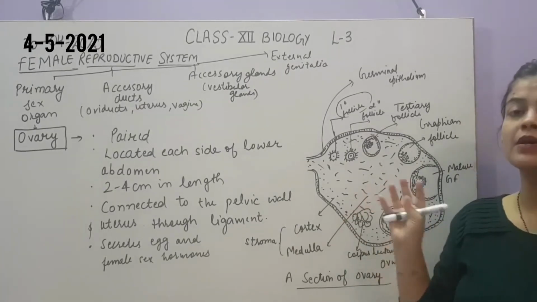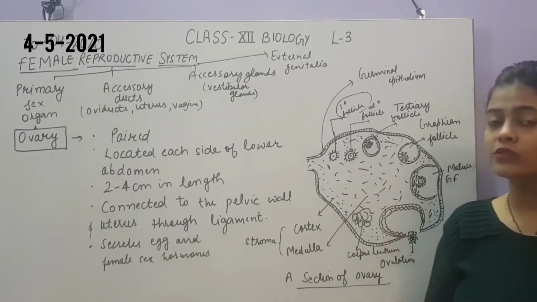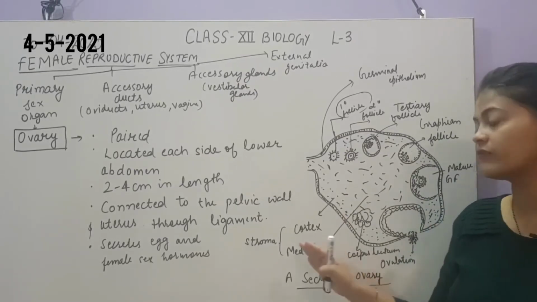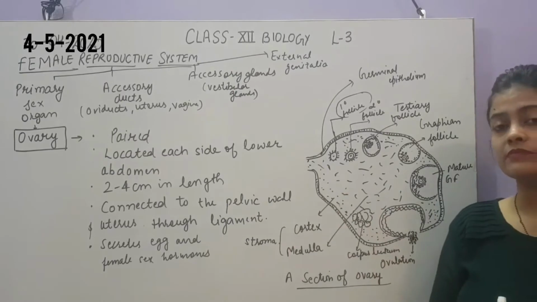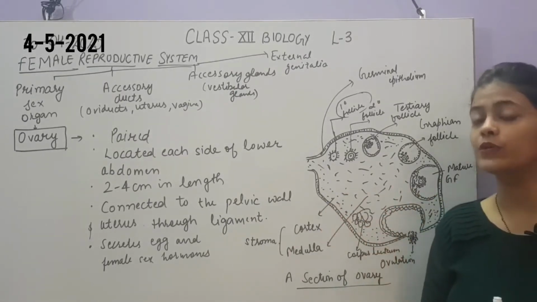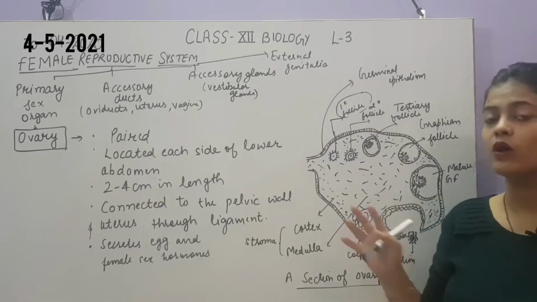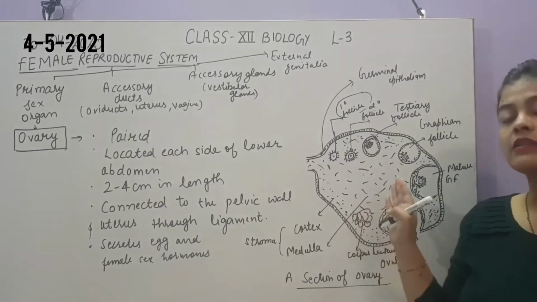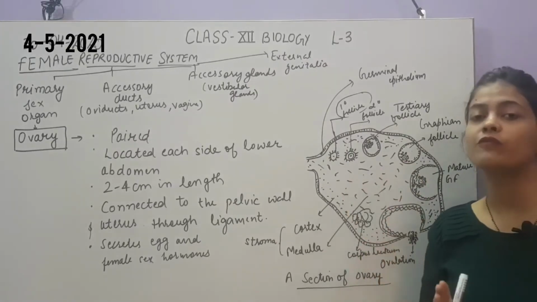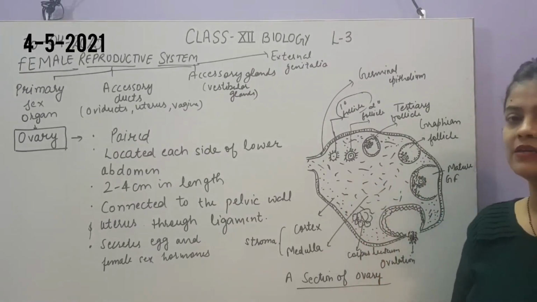Actually, the number of primary follicles in both the ovaries is decided at the time of embryo development. Means when the embryo develops, if the growing embryo is a female embryo or female fetus, then the ovary development will take place. At that time the number of follicles will be decided.